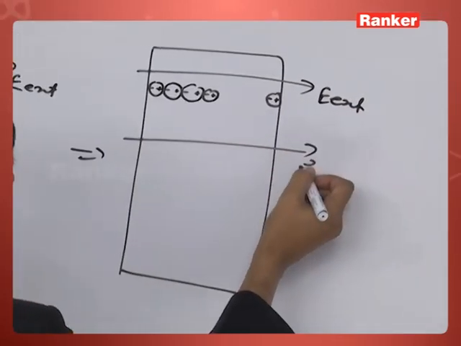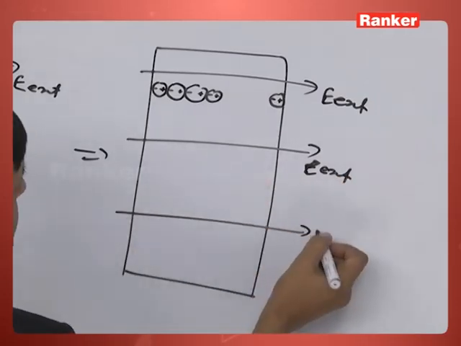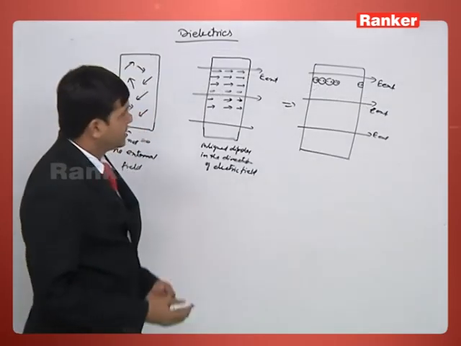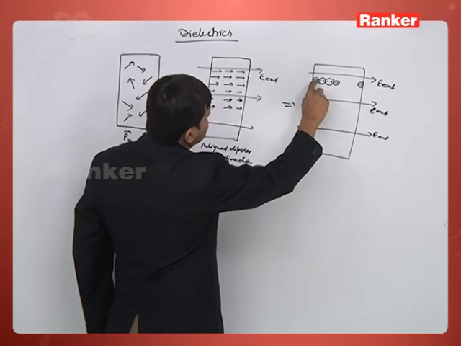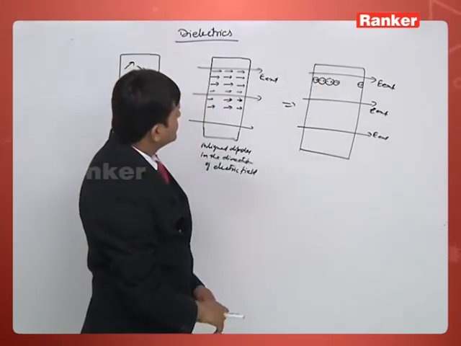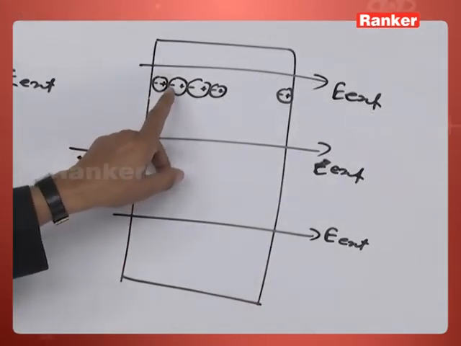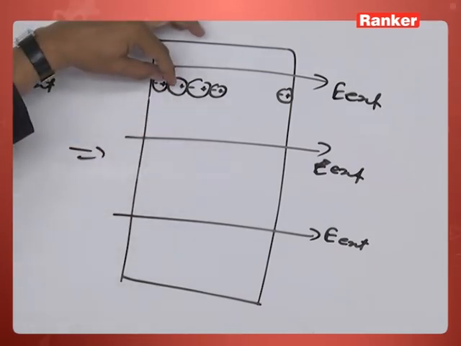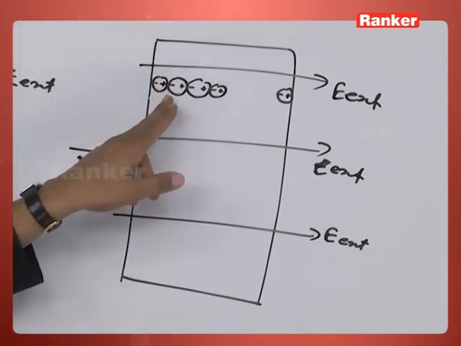See, if we look at one row of atoms, due to the effect of the electric field, this is the orientation of dipoles. The positive charge of this atom and the negative charge of the adjacent atom will come very close to each other, and so these can neutralize.